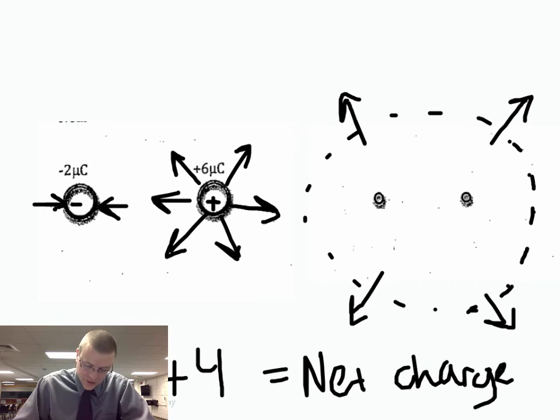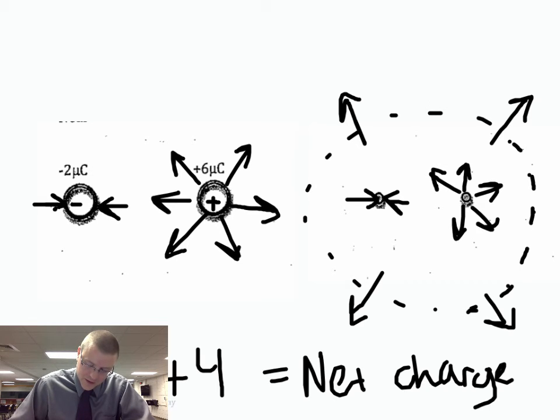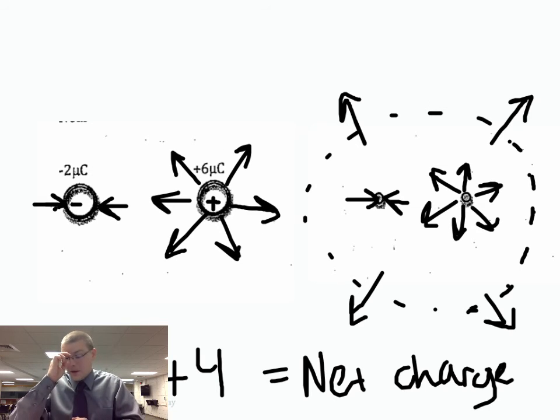Well, I've got 2 field lines pulling inwards on my negative charge, and remember I have 6 field lines going outwards from the +6 charge. What I want to do is connect field lines to show this overall net electric field.